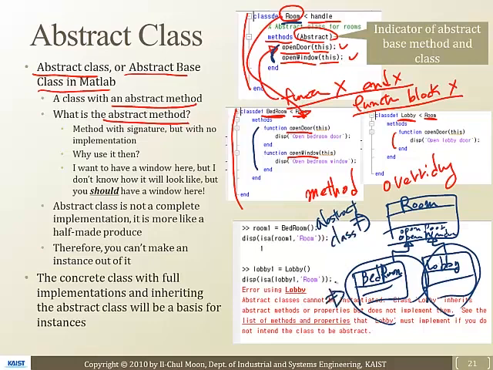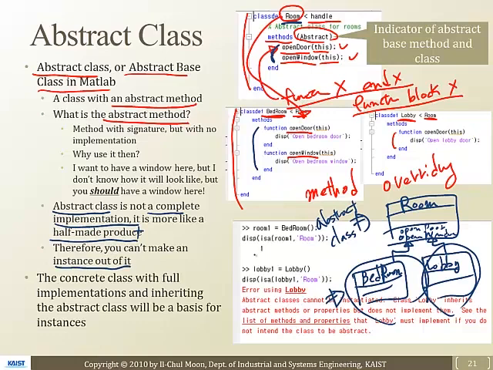If this is going to be instantiated, then all the enforced method overriding should be completed. That's what we are doing, enforcing our design. An abstract class is not a complete implementation. It's more like a half-made product, right? Therefore, you can't make an instance out of it.